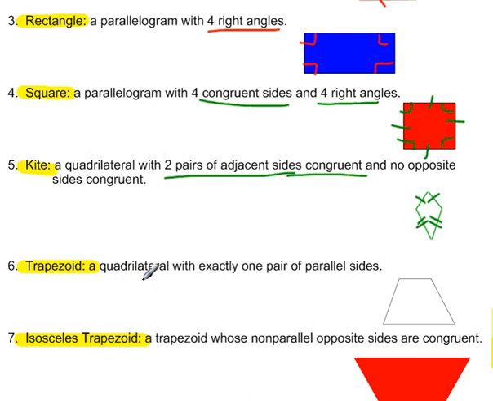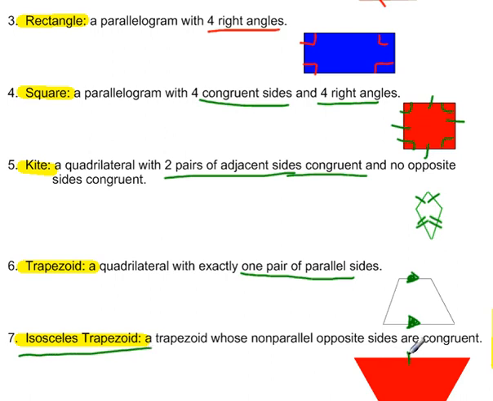Now, trapezoid, whereas our parallelogram had two pairs of parallel sides, the trapezoid only has one pair of parallel sides. Well, an isosceles trapezoid is a little more special.